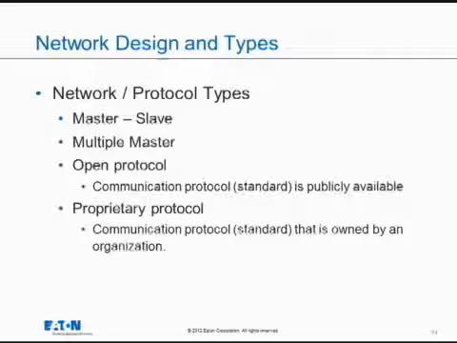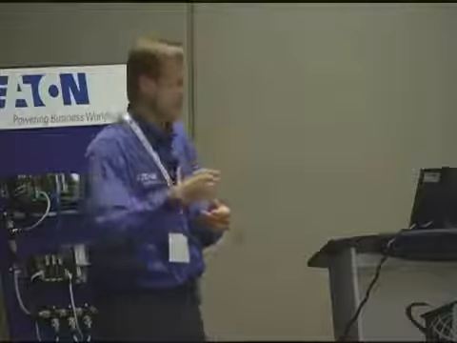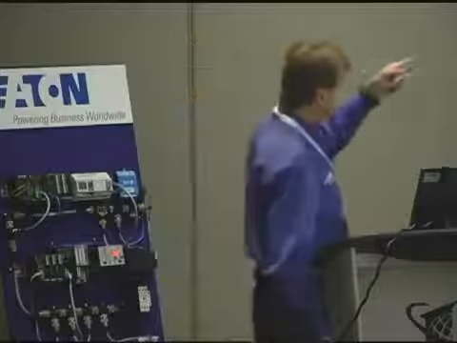Some of the terms you may see are a master-slave network. In a master-slave network we have one master, and it's the only one allowed to talk to the slaves. A master would send out a request, and the slaves would send back a response. There are some protocols that allow multiple masters, so you could have more than one device talking to the slave devices.